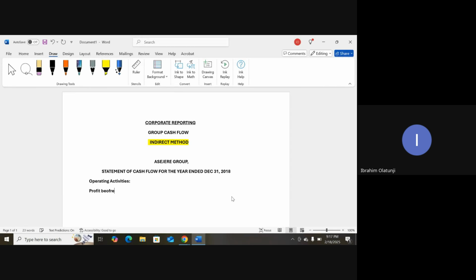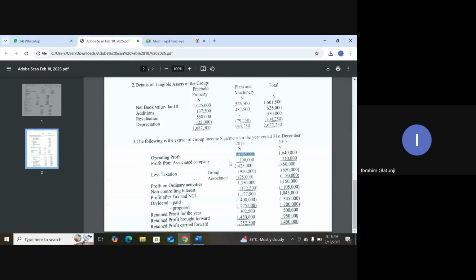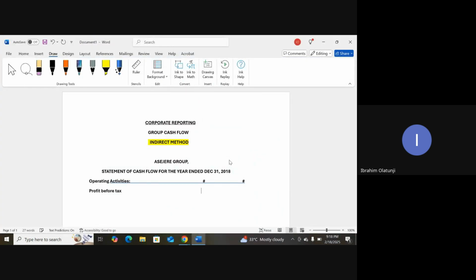So when you put the profit before tax, just take the figure from your question. So how much is that? 2,125,000. So are we there?